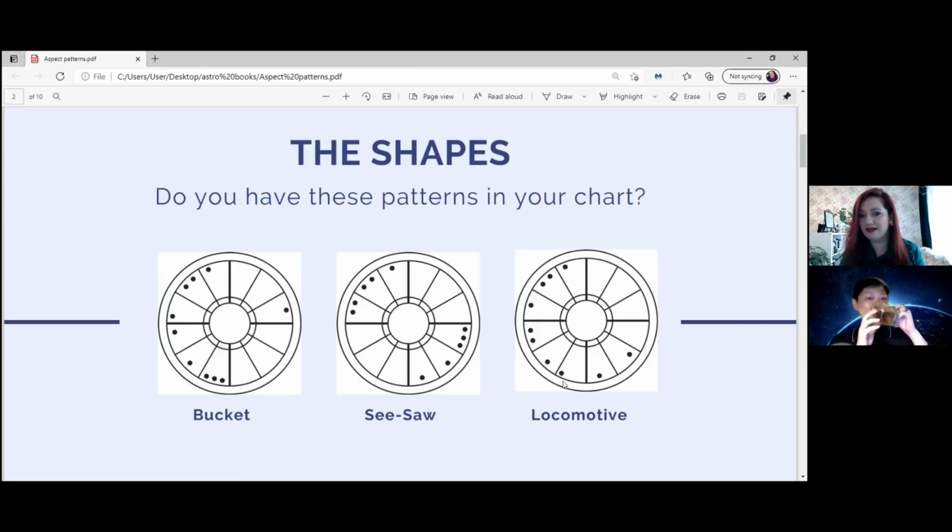They would be on this side because we have this opposition here. But in reality, our charts are so different, and the planets are not always perfectly aligned, of course.